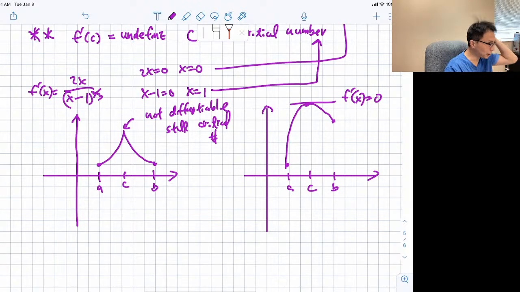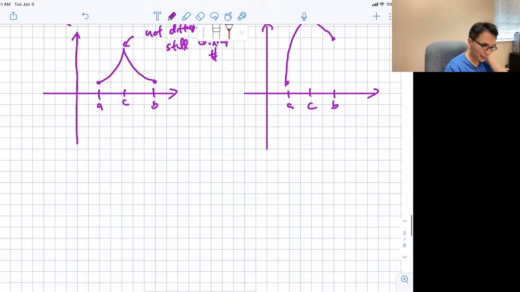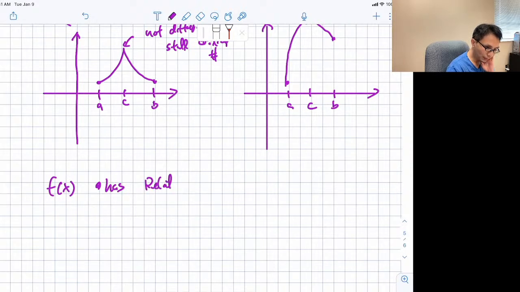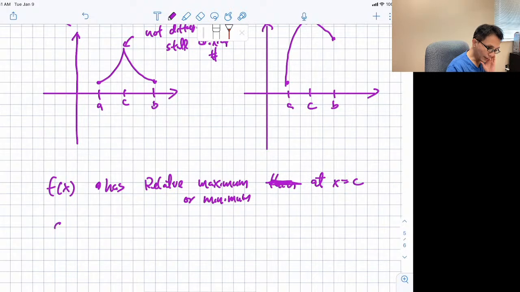Now, if I would tell you the other way, if I say f of x has a relative maximum, or minimum, then at maybe x equal to c, then c must be a critical number.